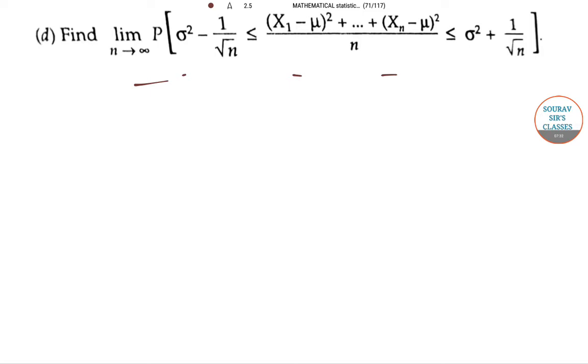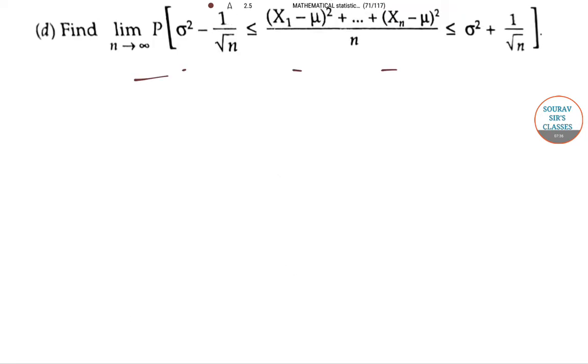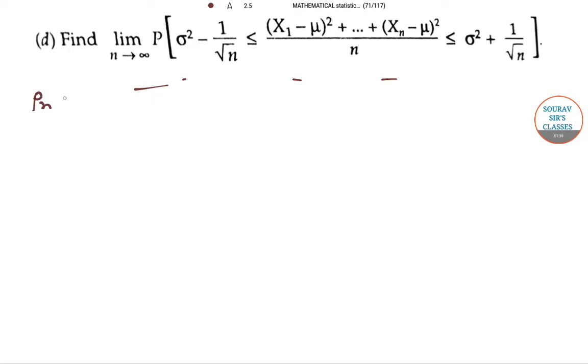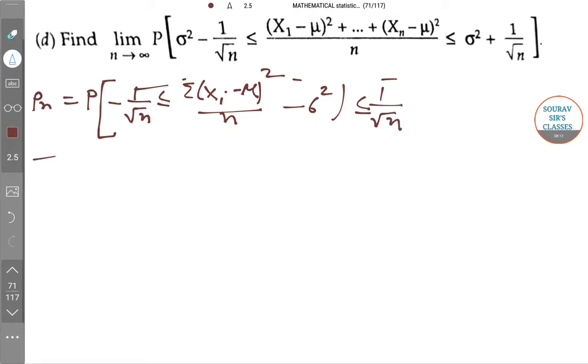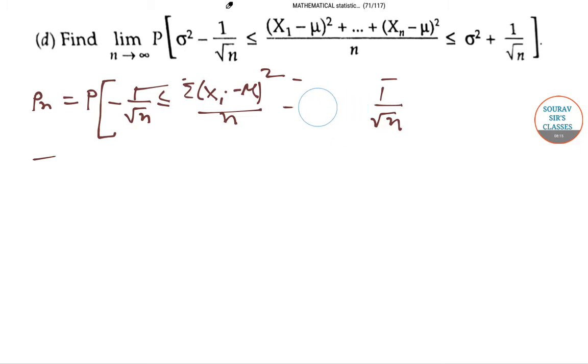For this, first we have to write down P_n equals probability 1 minus 1 divided by root n less than or equal to summation (x_i minus mu) whole square divided by n minus sigma square, which must be less than or equal to 1 by root n. So first we have to write this.